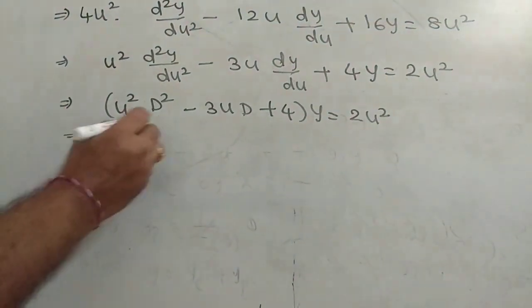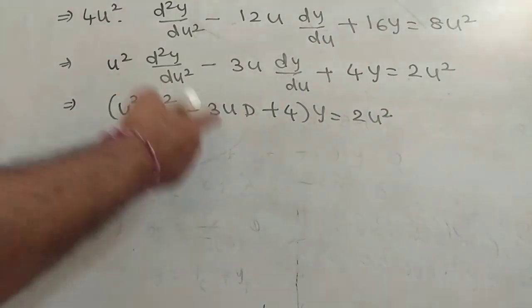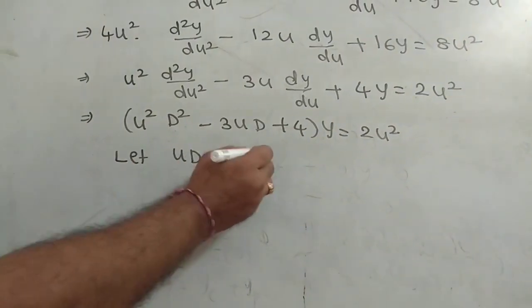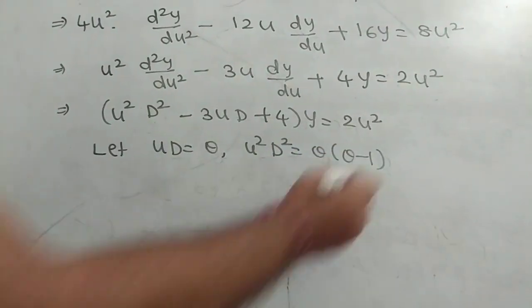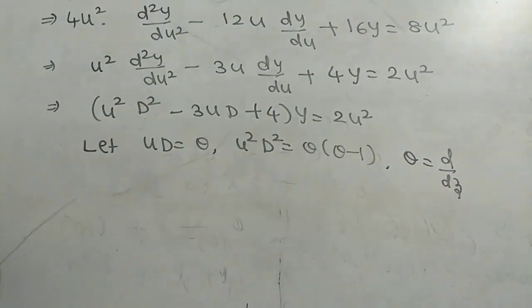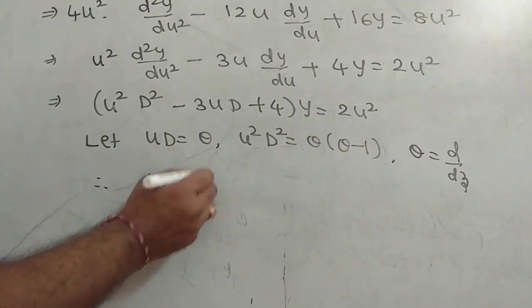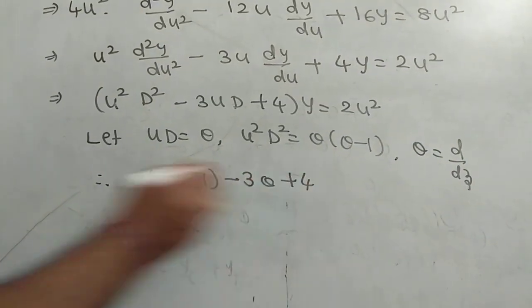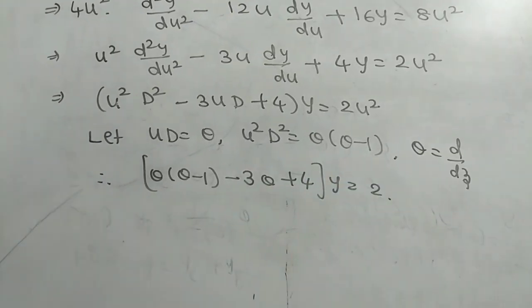So this is exactly looking like a Cauchy-Euler differential equation. From this equation you start with ud equal to theta, and u square d square as theta into theta minus 1, where theta stands for d by dz. I directly substitute that value here. So u square d square means theta into theta minus 1, minus 3 into ud means theta, plus 4 as it is, of y equal to 2 into u square.